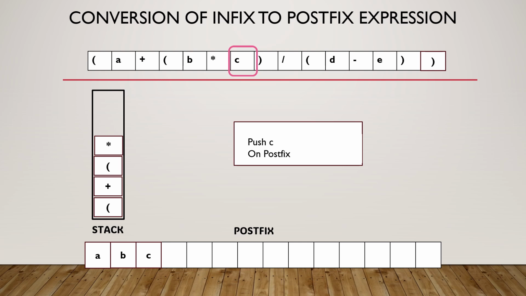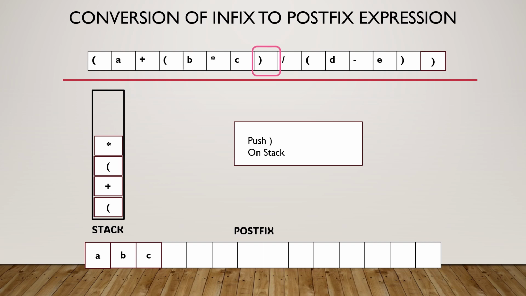The next is the close bracket. Here we need to know that when an open bracket and close bracket come together with an operator between them, that operator must be moved to the postfix section.